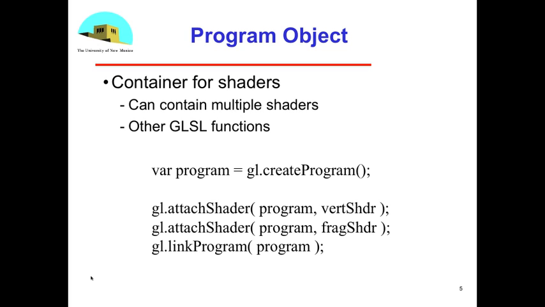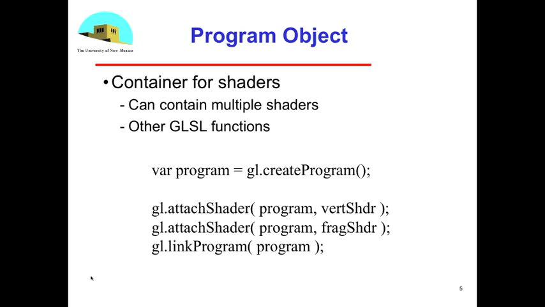But the three key things we need is to one, read in the shader and compile it, and then attach it to that shader program, essentially putting it in that container. Do the same thing with the fragment shader, and then when we've got everything we need in there, to link everything all together. Those are the key steps, and we're checking for errors all along the way in the init shader function.